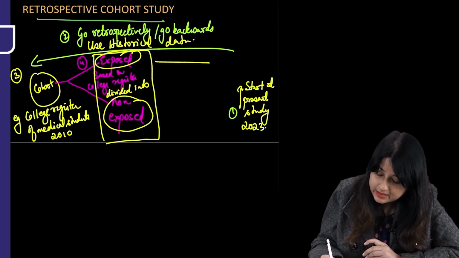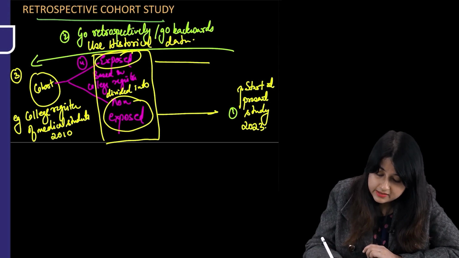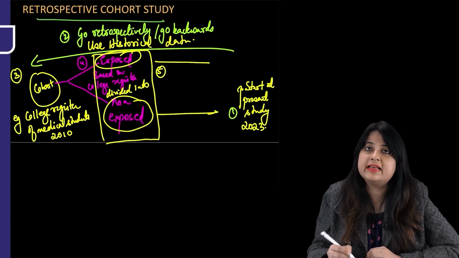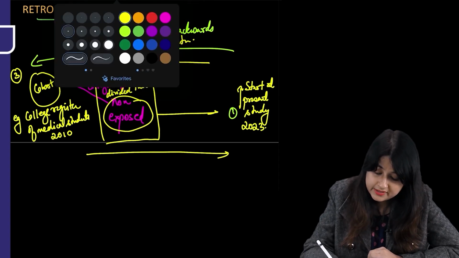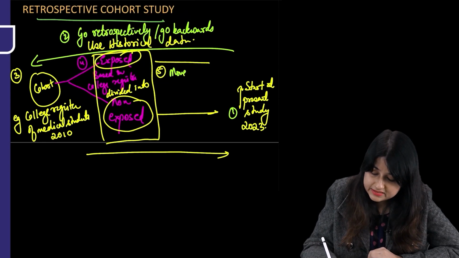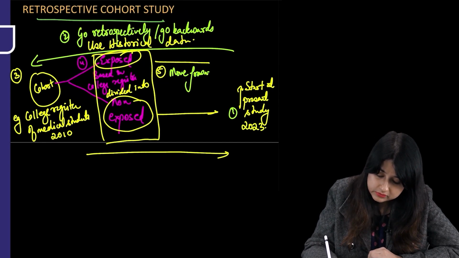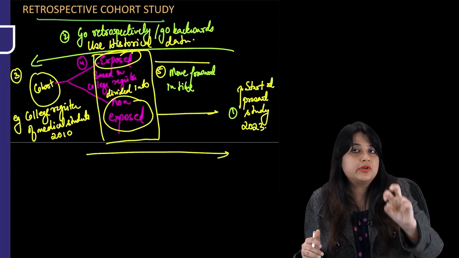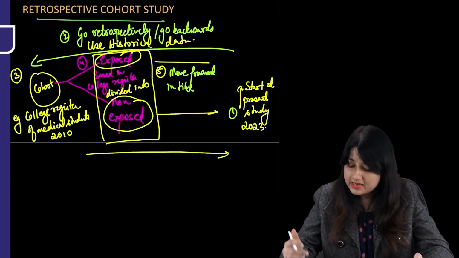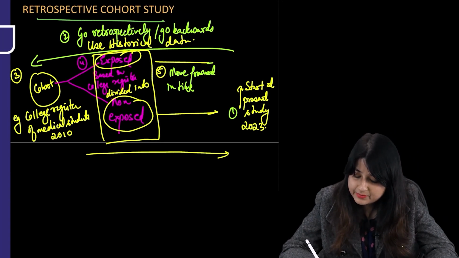Then again you come forward in time. This is the fifth step: after you've divided them into exposed and non-exposed, you move forward in time. And what will you do after moving forward in time? You're going to determine the outcome at the time the study begins.